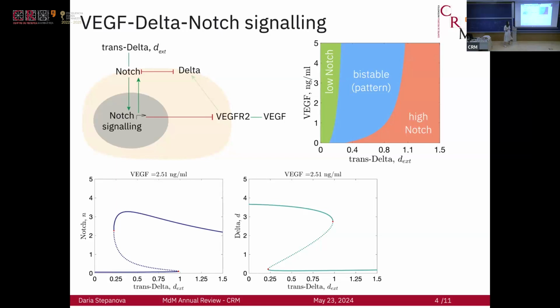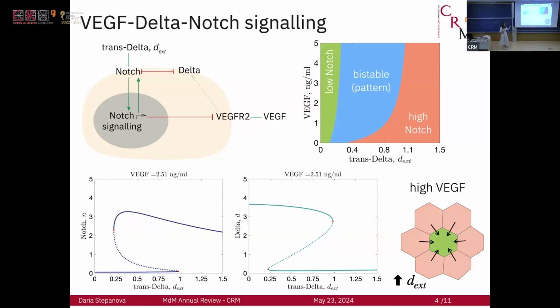So what happens for the low notch conditions is that the amount of delta which is perceived by this target cell in the middle is rather low, because we have this connection, right? So when the VEGF is low, this link is not working. But then when we upregulate the VEGF, then the amount of delta, which is perceived from the neighbors, of course, increases.